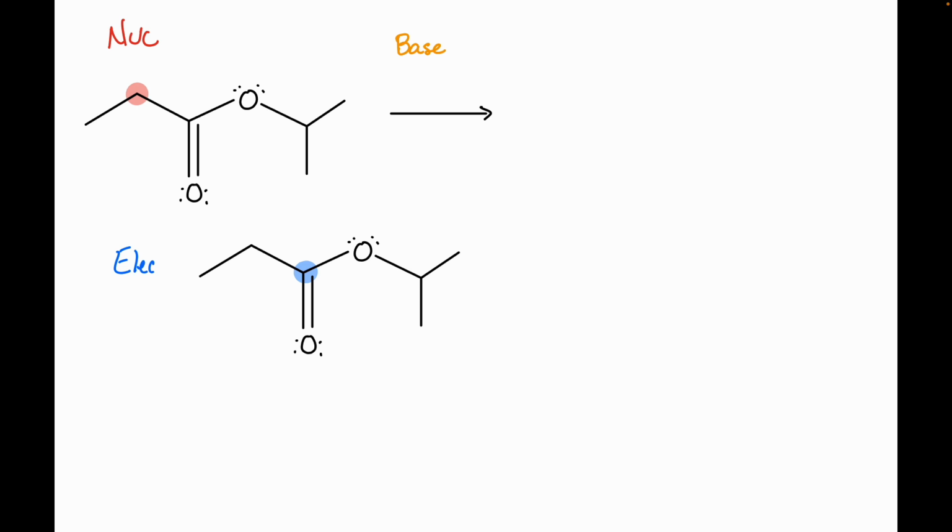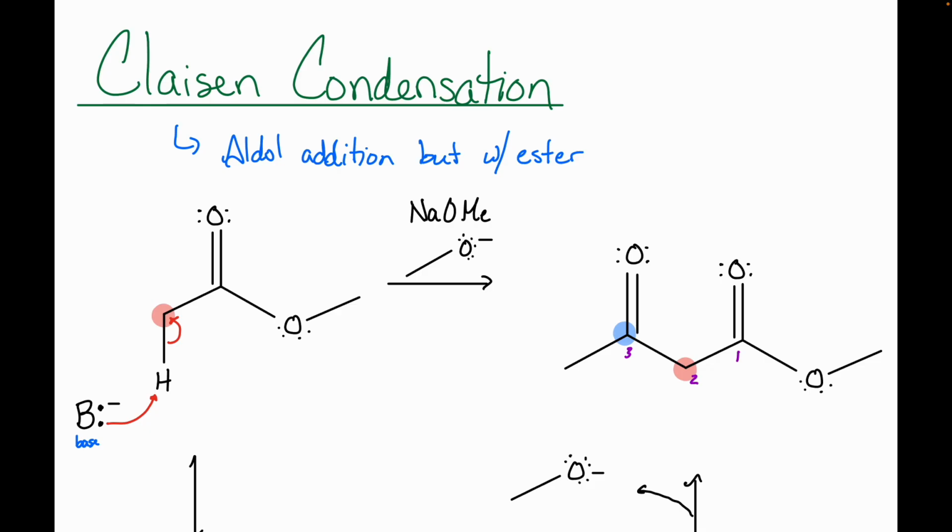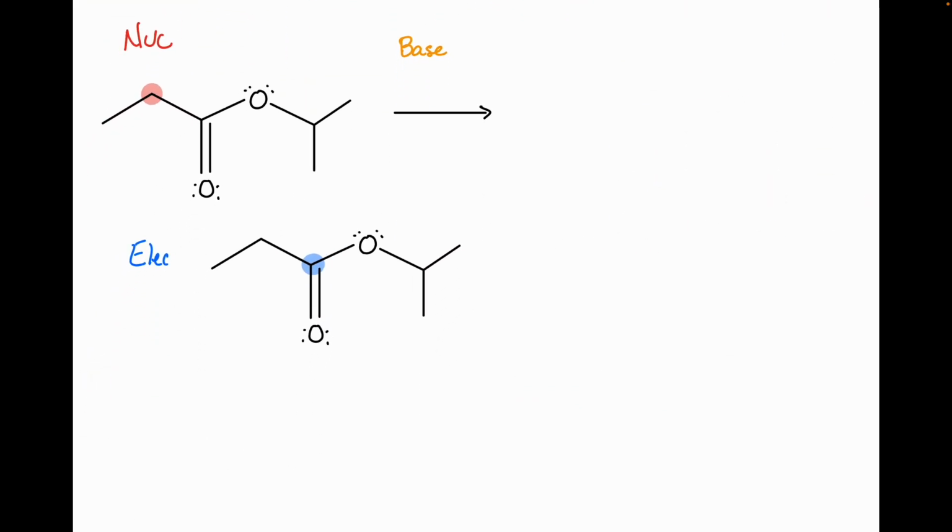What we can note is in both the aldol reactions and our Claisen reactions, our nucleophile appears pretty much as is in our product. We have all of those carbons, all of those atoms represented here. So when we're doing our products, the first thing we want to do is to just redraw that nucleophile.